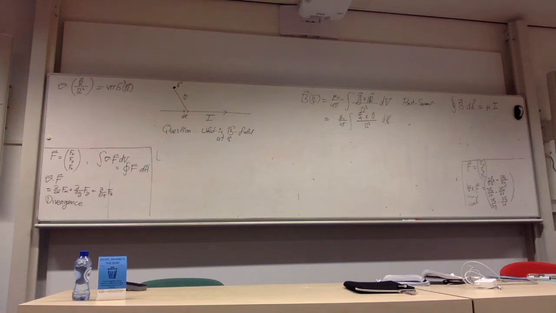Just written in a different mathematical form. Which one do you prefer? Again, same physics, just written out differently. Both work. I've tried them both. They both give the same answer. I'll just leave it up to you.